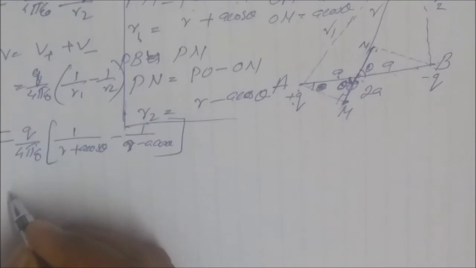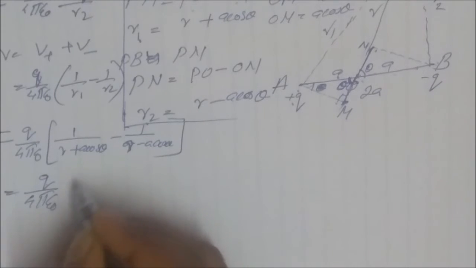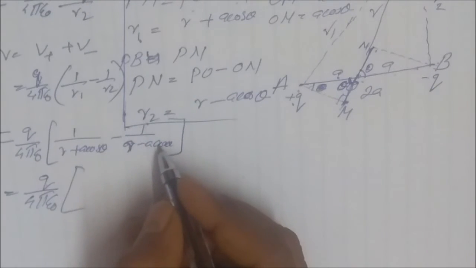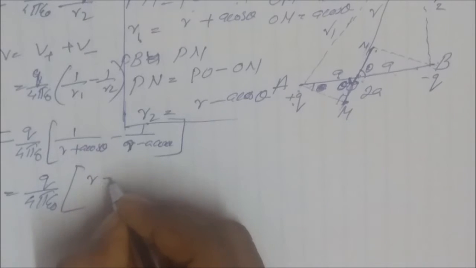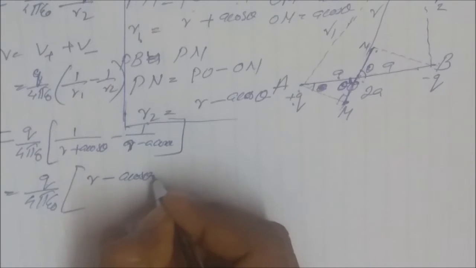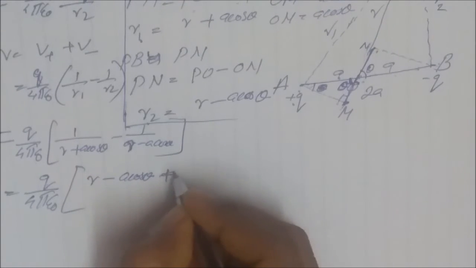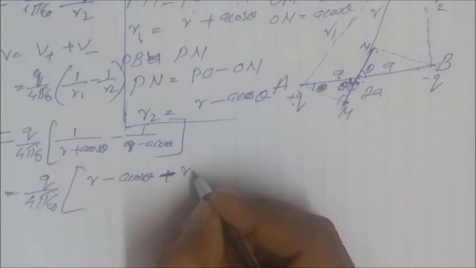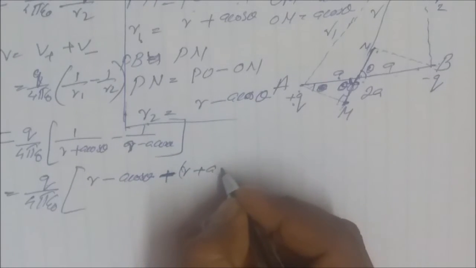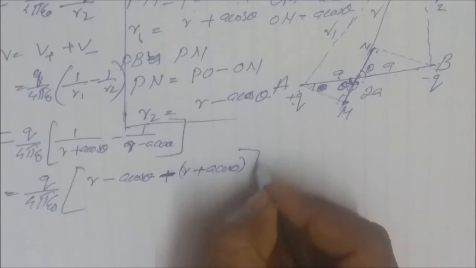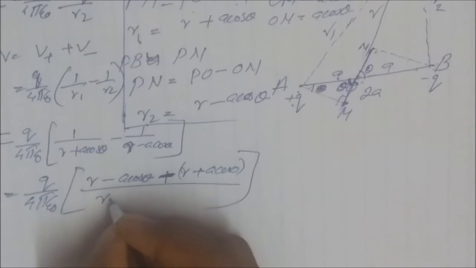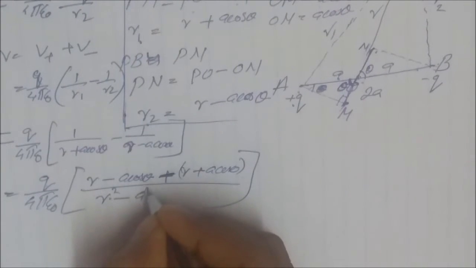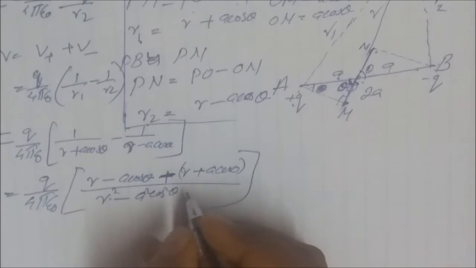or it is equal to q by 4 pi epsilon 0 times r minus a cos theta minus r plus a cos theta, by r squared minus a squared cos squared theta.